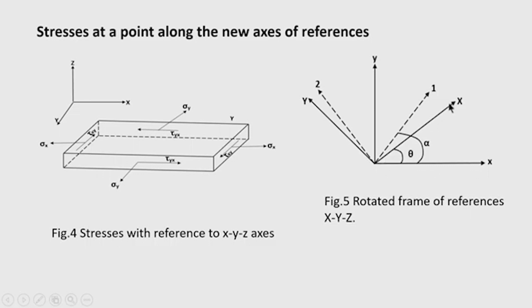So, now the new axes become capital X and capital Y. There are other directions, say 1 and 2 I have marked here, and this direction is denoted as alpha, measured from the original x axis, and obviously this other direction that is written as number 2 is orthogonal to direction 1.